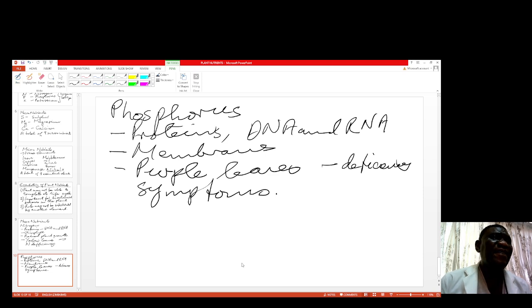So back. The other element is the potassium. I think it will fit there.